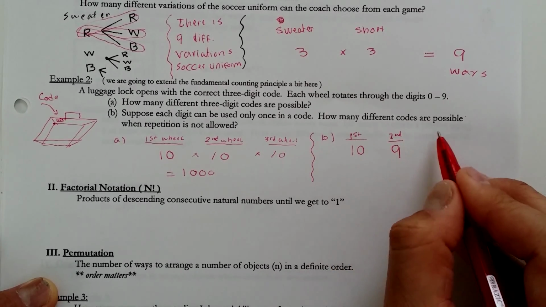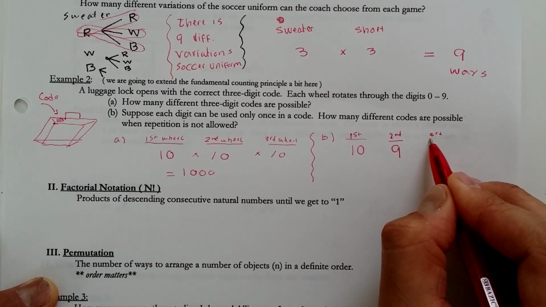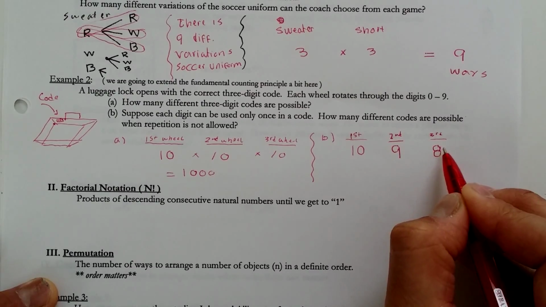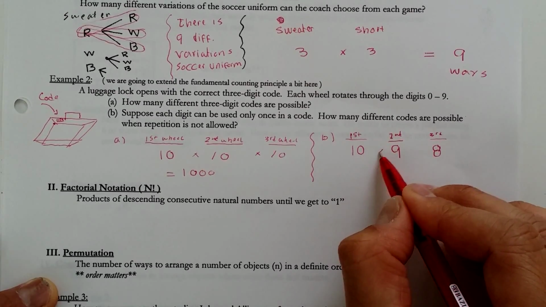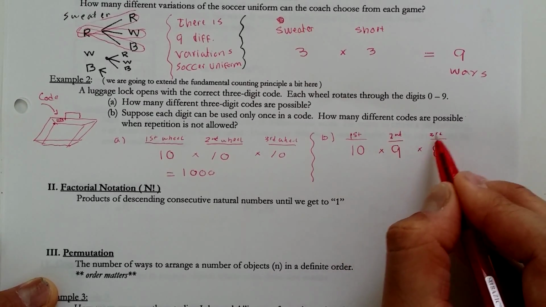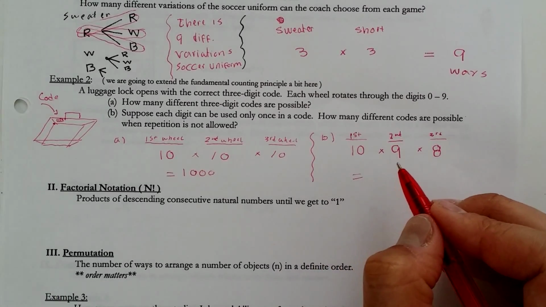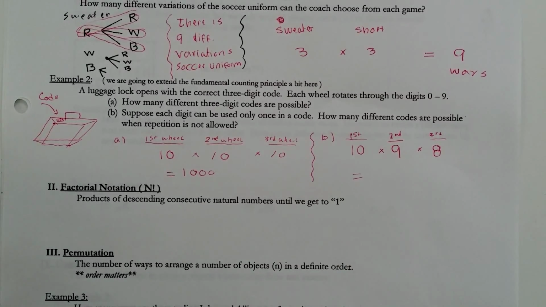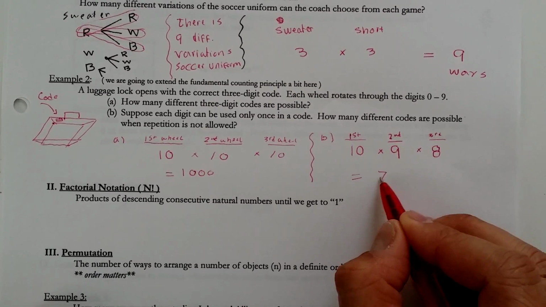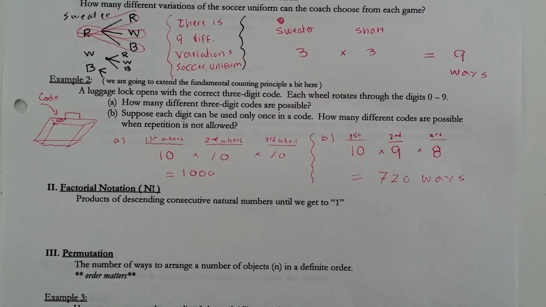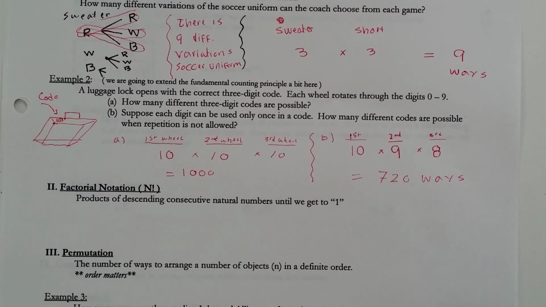And if 2 numbers are chosen, then the third wheel has 8 numbers left, 2 fewer than the first wheel. So the total would be 10 times 9 times 8, which equals 720 ways to choose your combination, or 720 ways for you to unlock your combination if you guess.